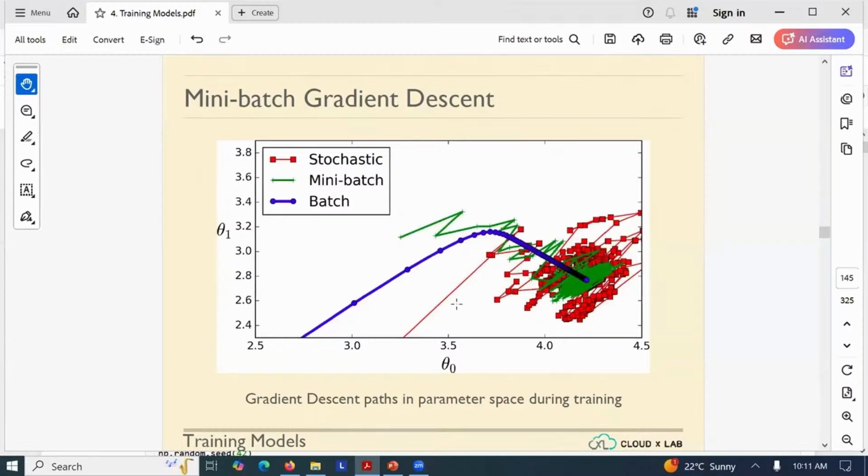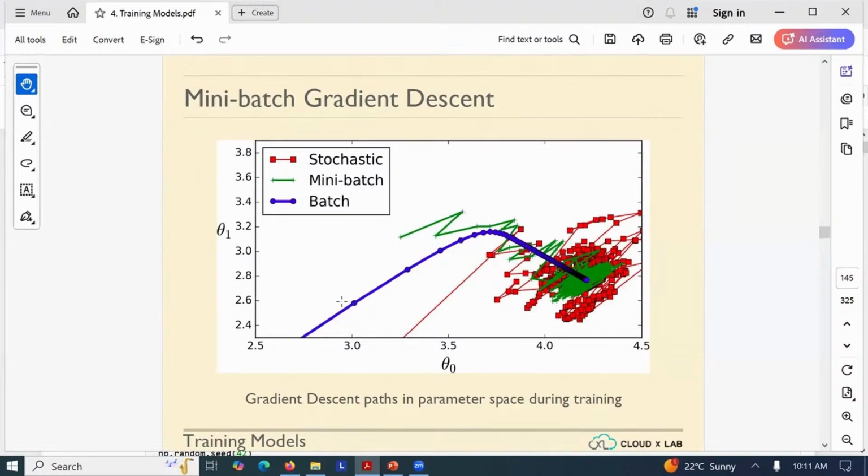One more observation you can note here: in batch gradient descent, the gradient computation step is heavy, right? It will take huge time to calculate the gradient, but the number of iterations required will be less. Within very few iterations, you will get your solution. Why?